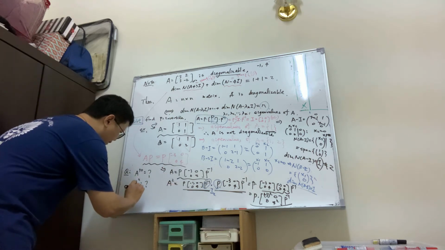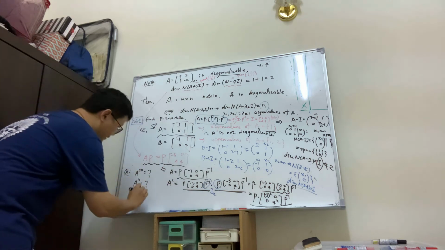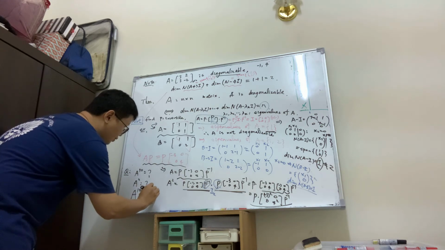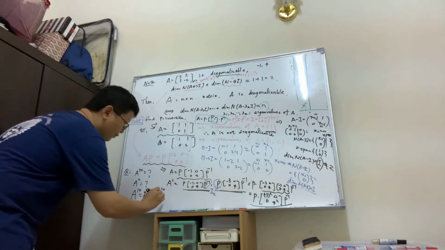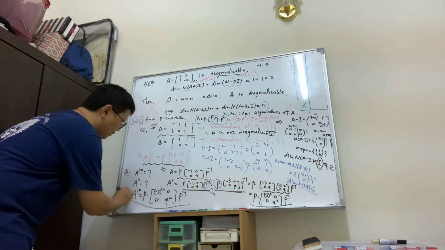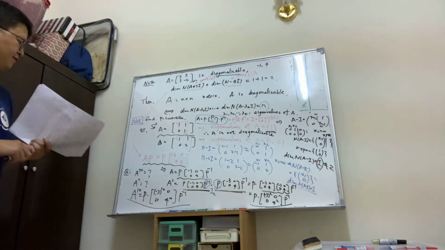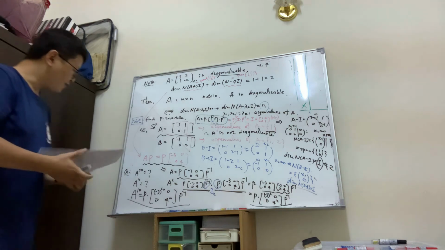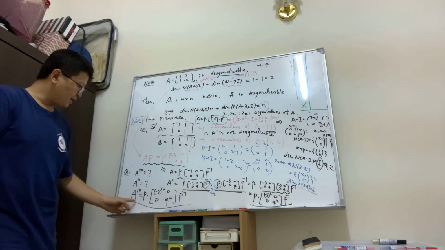Could we write down A to the power of 10? Yes, it's just P times the diagonal matrix with negative 3 to the power of 10, 4 to the power of 10, 0, 0, times P inverse. That is our result. And once we have this result, what are the eigenvalues of this matrix?